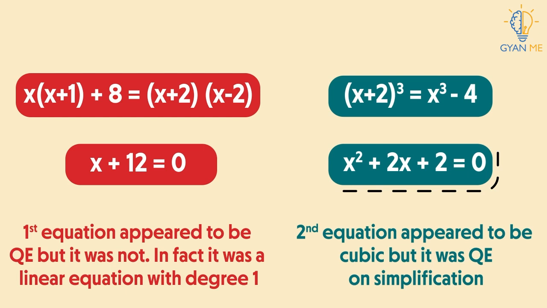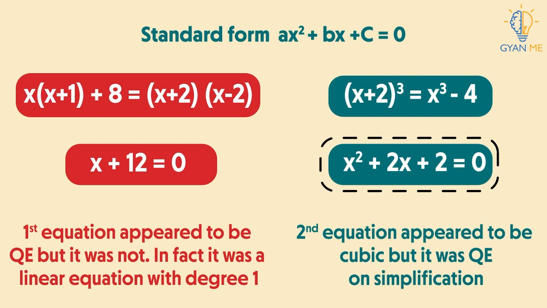So from our examples, we can conclude that many a times we may come across equations where we will need to simplify them first and only then on comparing with standard form, that is ax square plus bx plus c equal to 0, we will be able to decide whether they are quadratic equations or not.